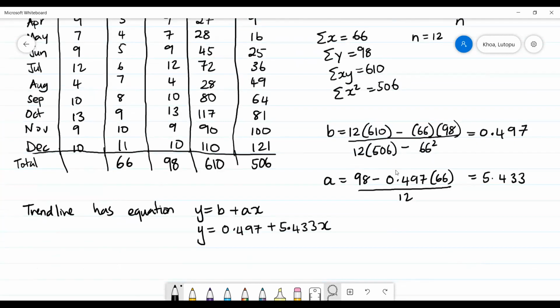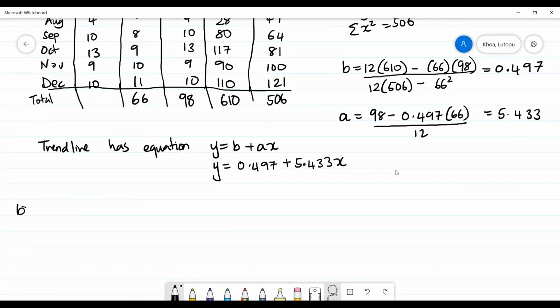So the follow-up question would be to forecast the sales for January 2015.